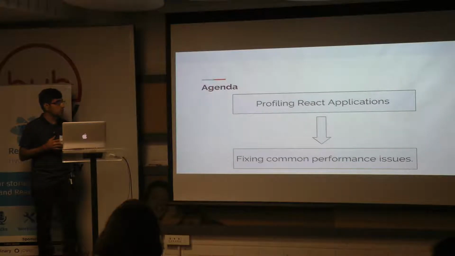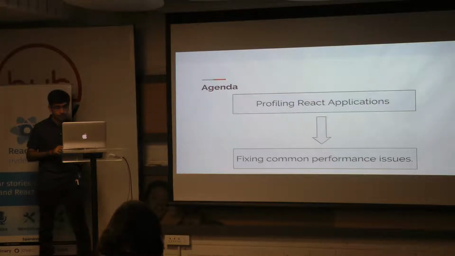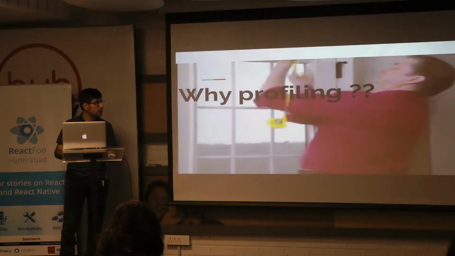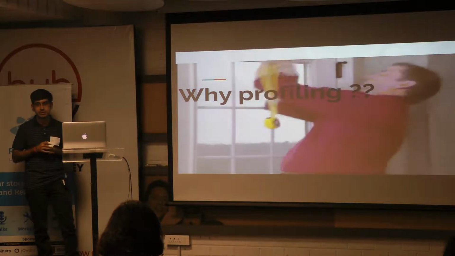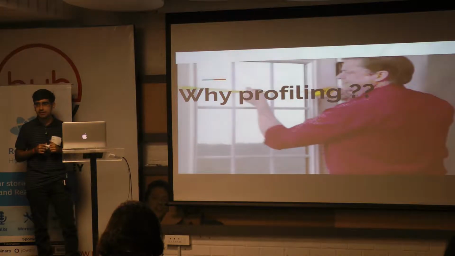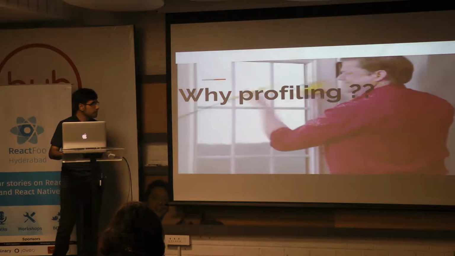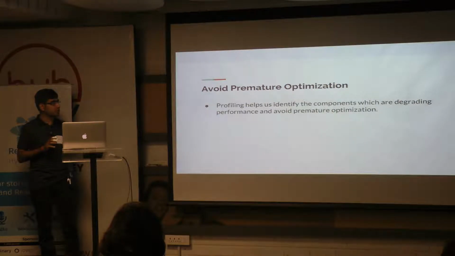We will first talk about some of the common profiling techniques, and then use them to fix issues in our demo application. So first, why do we need to do profiling? Why can't we just read about optimization techniques on Medium and directly put them in our app? The first reason is profiling helps us avoid premature optimization.